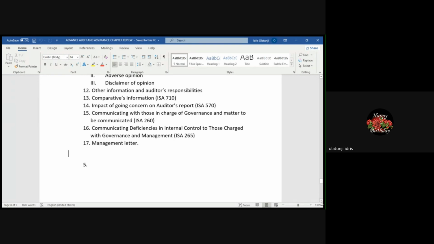That's what we call comparative information. We compare the information of last year, which will serve as the basis for this year's information, to know if the information is actually genuine and appropriate. That is just the aspect there.